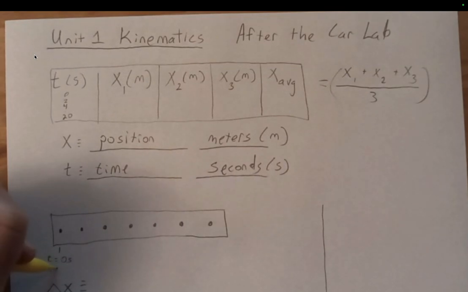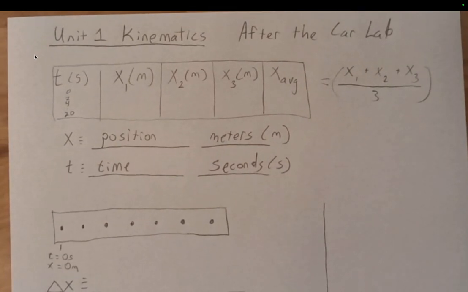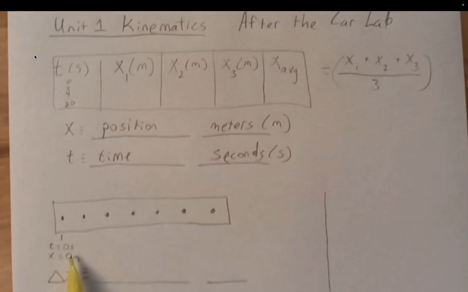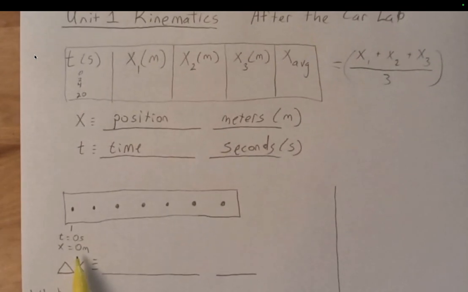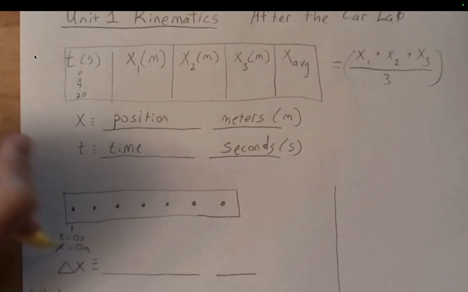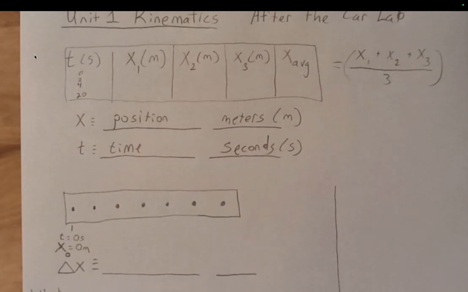So at this point in time, where we put that first piece of tape, that's 0 seconds and 0 meters. And so this is that initial position. So that's where we're going to use this x sub 0, because that's initially where it started. That time 0, it's at 0 meters, and this is the position where it started.